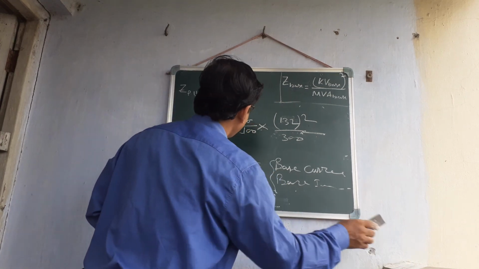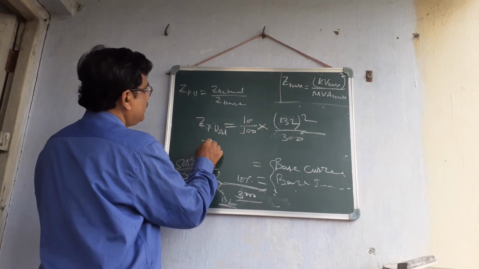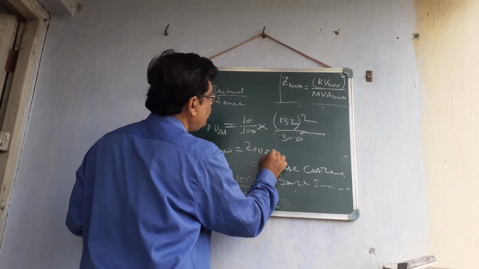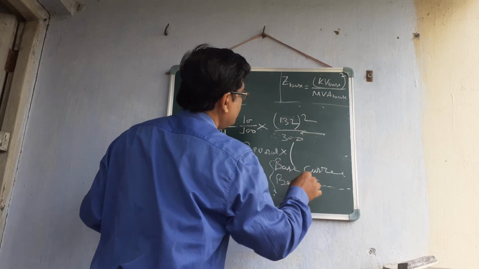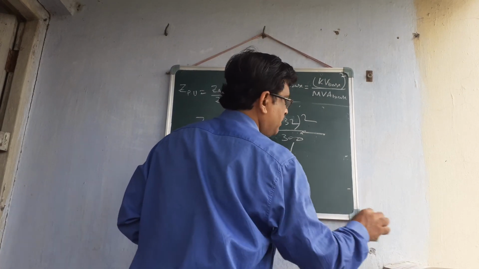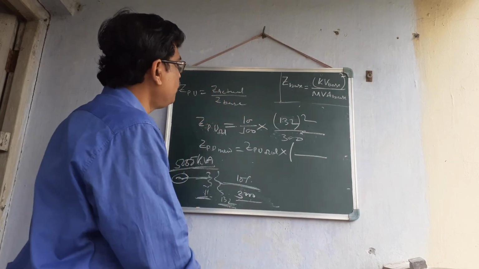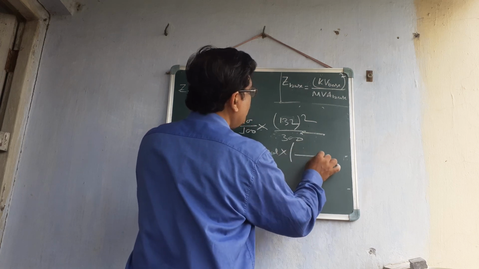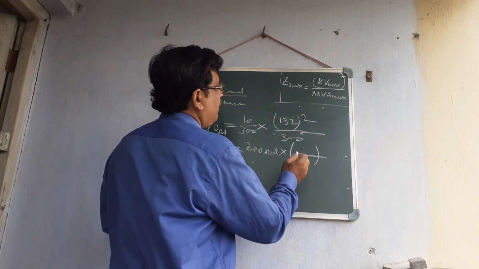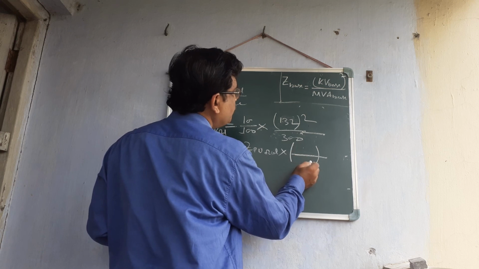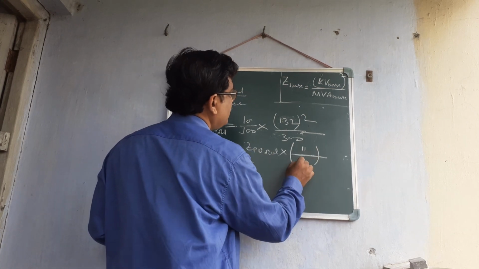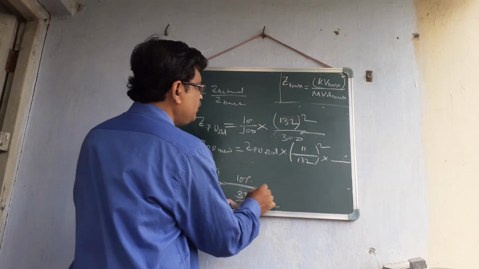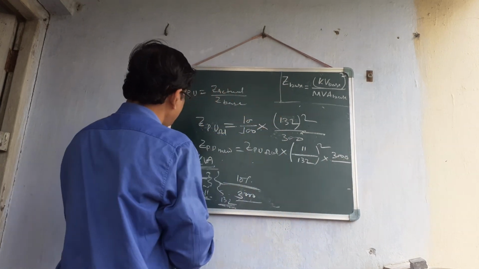Next, the Z per unit new is equal to Z per unit old times the square of kV old by kV new, that is previous voltage 11 by 132, whole square, times MVA base new 3000 divided by MVA base old 5000.